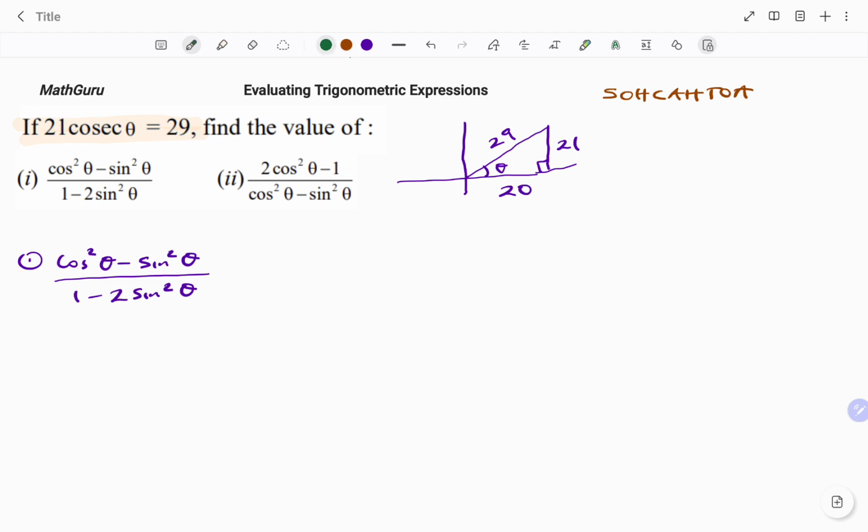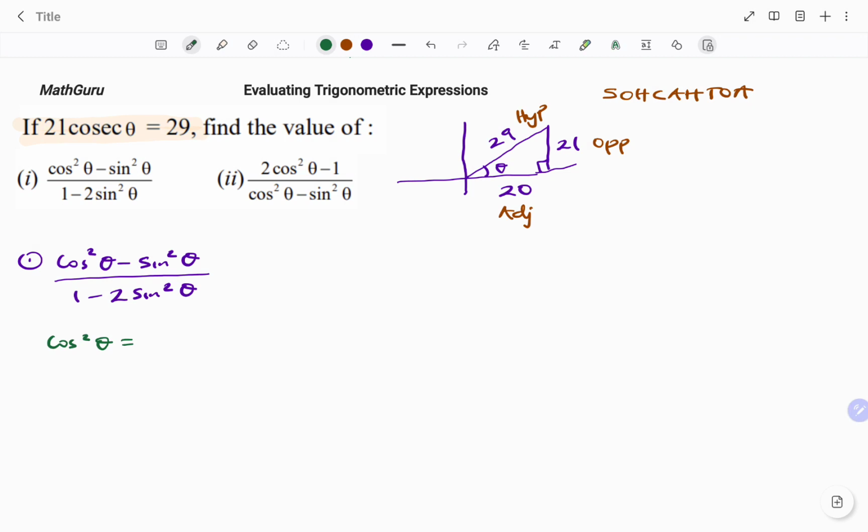Starting with cos squared theta, the cosine trig ratio is adjacent over hypotenuse. If I label the sides of my triangle, the side facing my angle is my opposite, the longest side, facing my right angle, is my hypotenuse, and the third side is my adjacent.